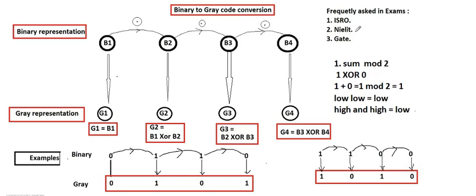You can find it in the ISRO paper, which is for the Scientist B post. The same applies for NIELIT, Scientist B post, and regarding GATE, you can also find this, or else you can find at least questions related to the XOR operation.